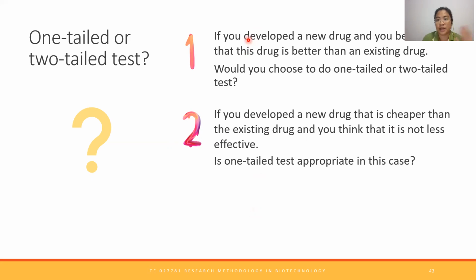If you are developing a new drug, and you believe that this drug is better than the old one, whether you want to do a one tail or two tail test. Have a guess. Type down your answer if you like.